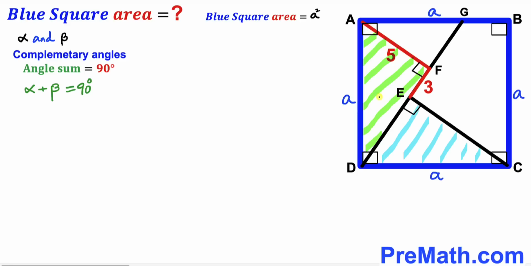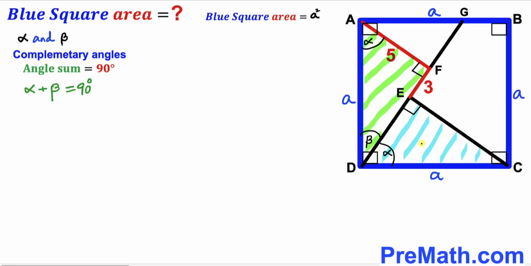Now let's focus on this right triangle AFD. Let's assume that this angle is our angle alpha. Since this is our 90-degree angle, this angle has got to be our angle beta. And now we know that this angle is 90 degrees, this is beta, so this remaining angle has got to be alpha.